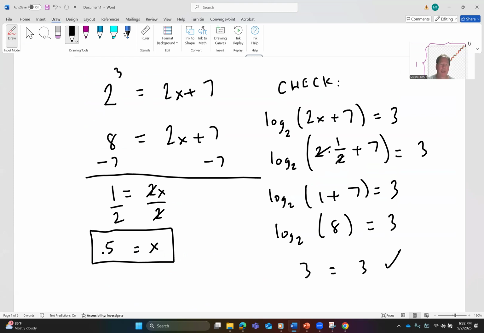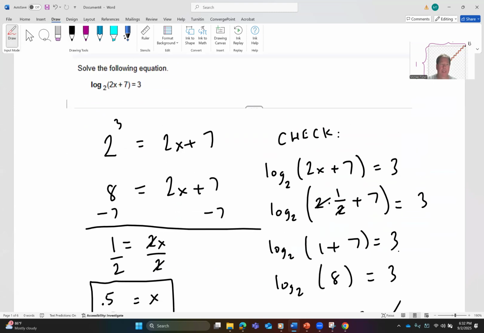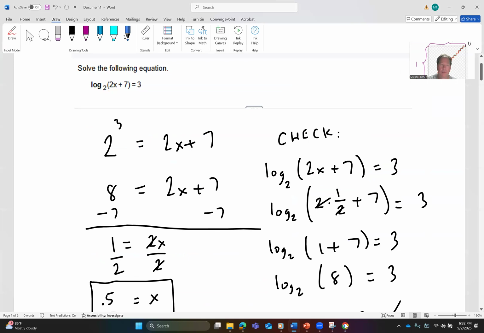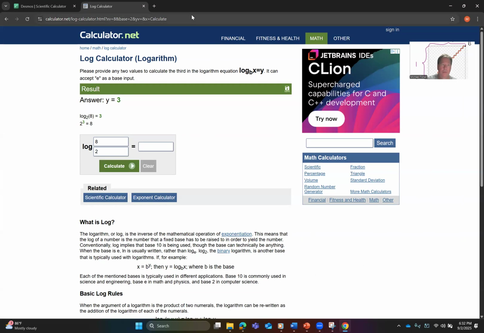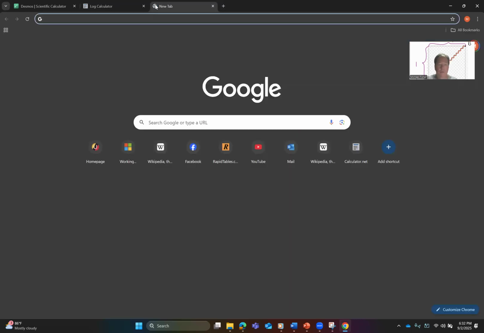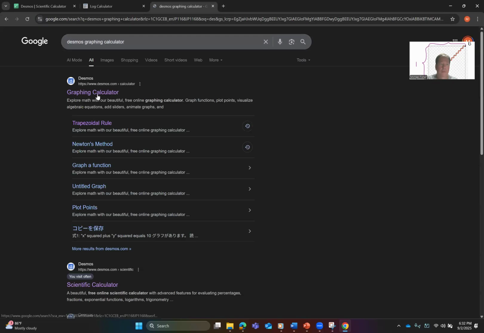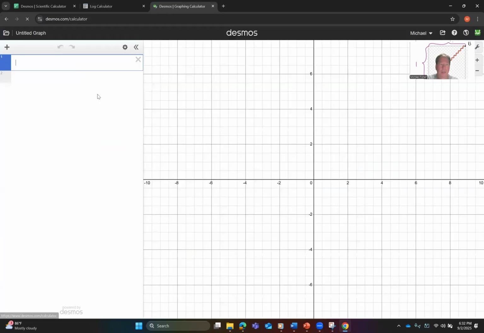Another way to check this is by graphing. It looks like it's the answer, but let's get a double check here by doing a graph. Here's the Desmos graphing calculator.